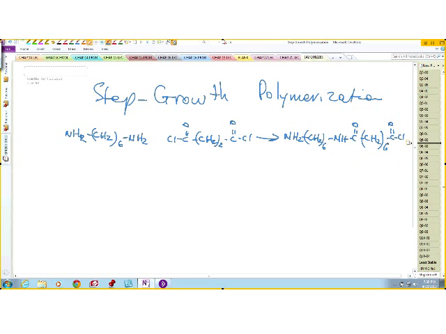Now this reaction could continue because on this side we have the amine here. This reaction continues until you get what we call a polymer, a very long amide chain. This will eventually give you, have another diamine here. So now you get this.